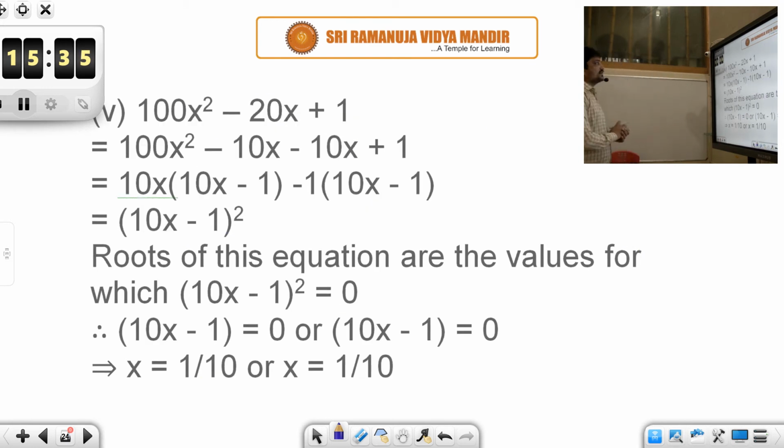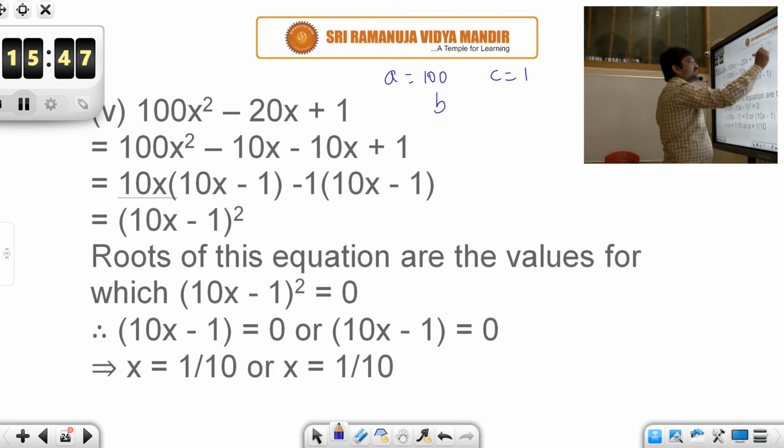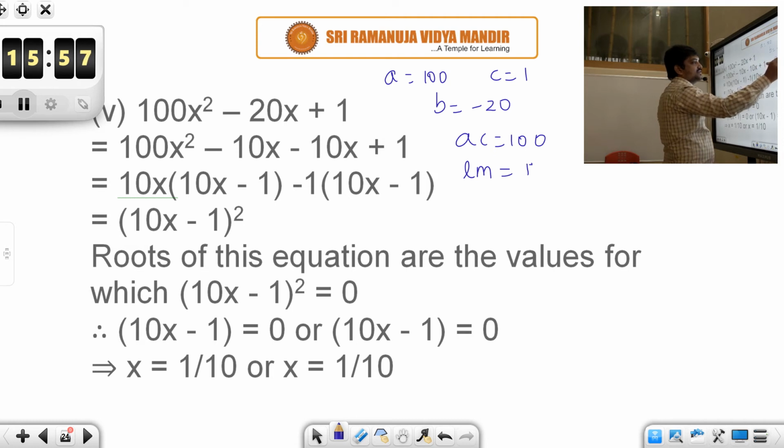Then 100x square minus 20x plus 1. So if you solve this again, your A value is 100 and then C value is 1, B value is minus 20. So AC value is 100. Now you need to choose a pair of numbers L, M such that LM is equal to AC, that is 100.